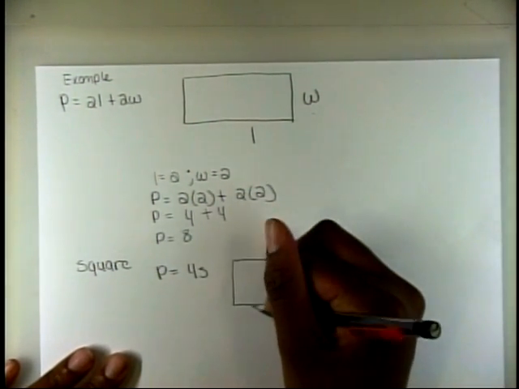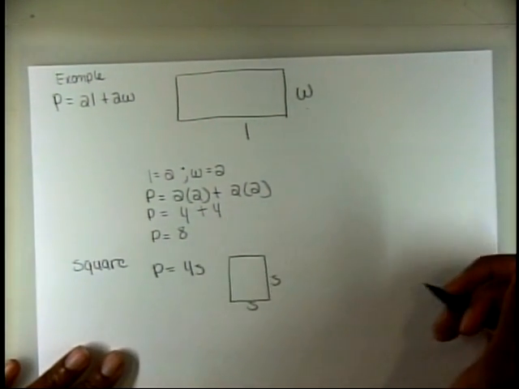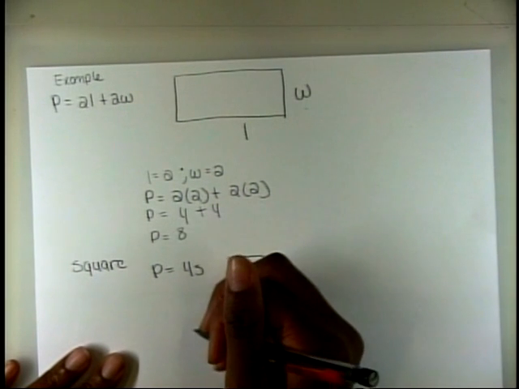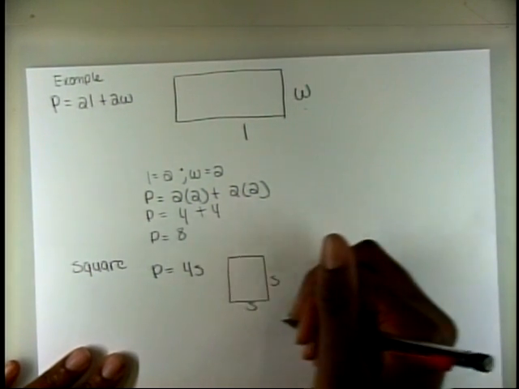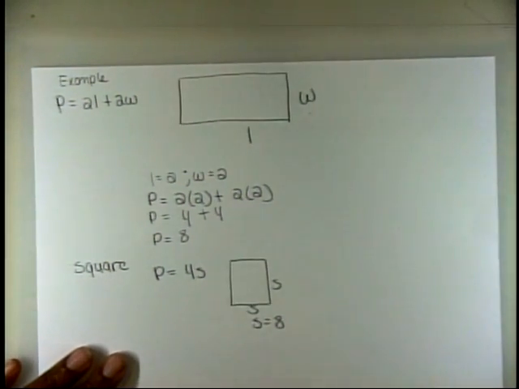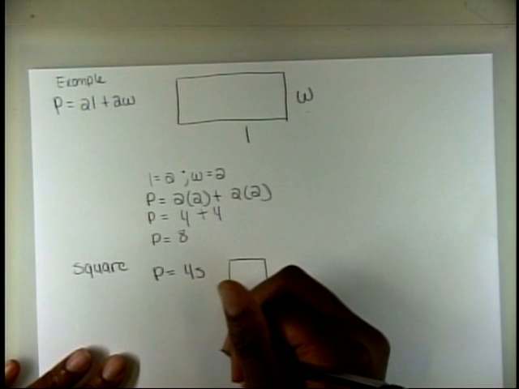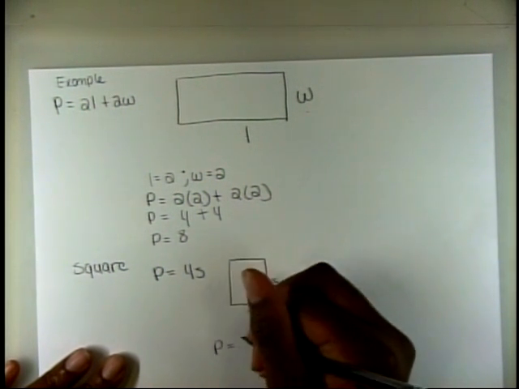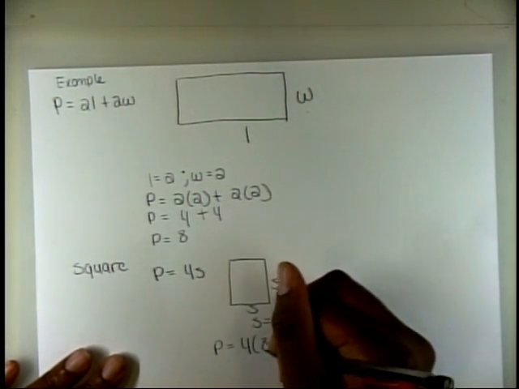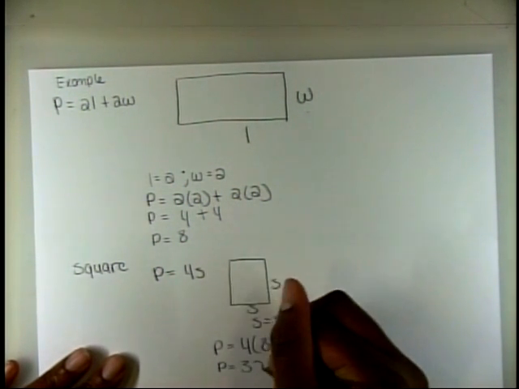S is known for the side of the square. If we plug in 8, we will say S is equal to 8. Find the perimeter of the square. So we will say P equals 4 times 8. The perimeter of the square will be equal to 32.